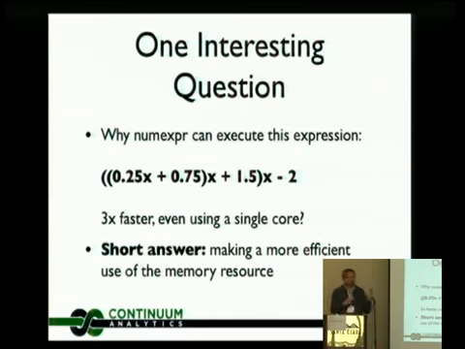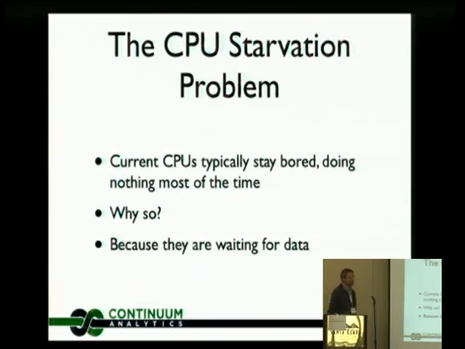So just by making this efficient use of the memory resource, numexpr is actually achieving a factor of 4 more speed than NumPy. So this is the short answer. Of course, the long answer is a little bit longer. Okay? So let me introduce you the CPU starvation problem.